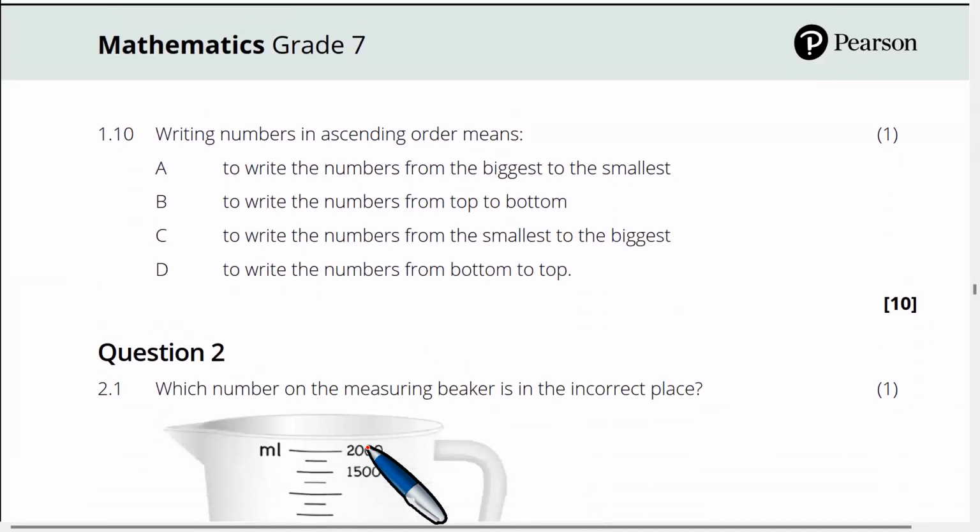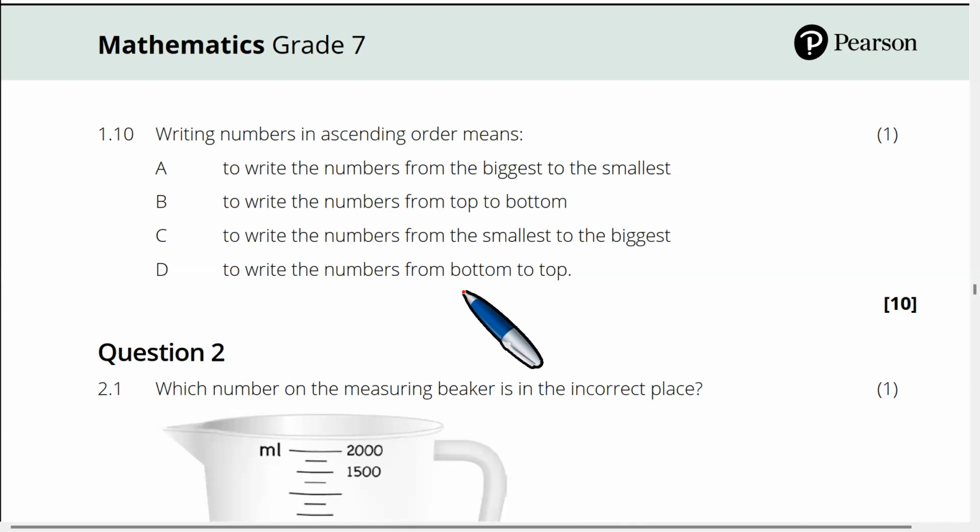Right, looking at mathematics in detail for grade 7. Writing numbers in ascending order means what? To write the numbers from biggest to smallest, from top to bottom, from smallest to biggest, or from bottom to top.